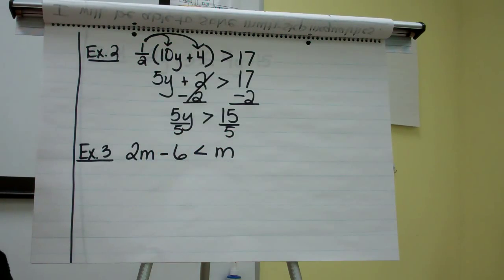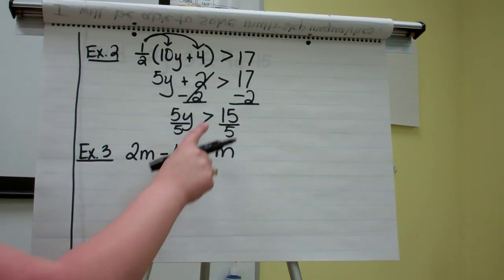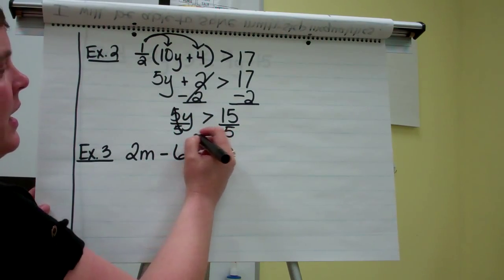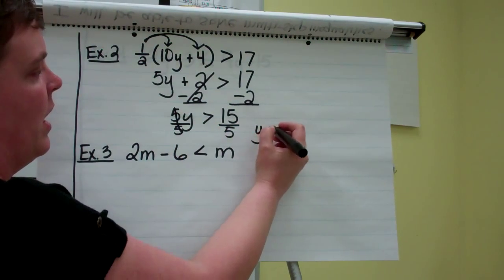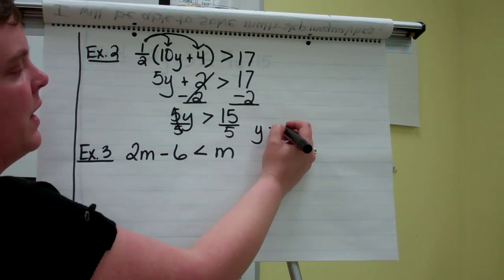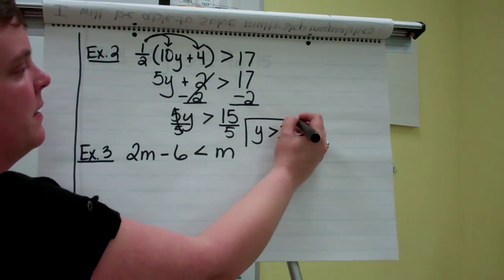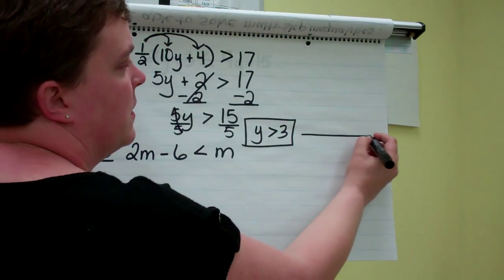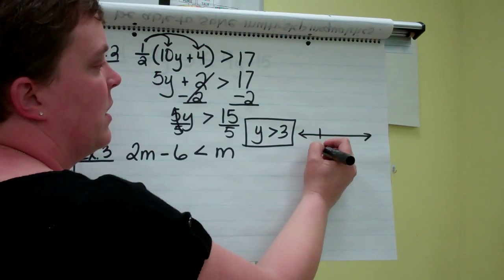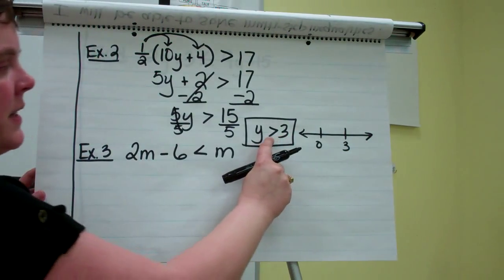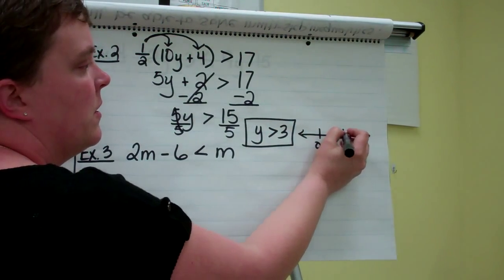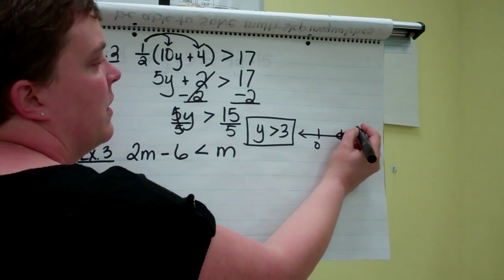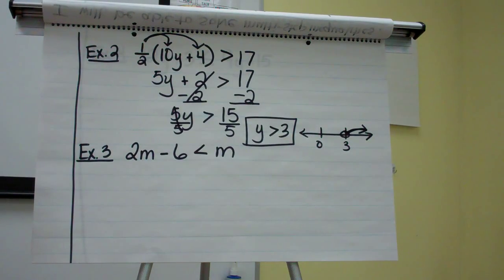And again, I am not dividing by a negative, so I do not need to flip my inequality sign. And I get y > 15 divided by 5, which is 3. And then on your number line, of course, here's 0, here's 3. This time it is an open circle, and I'm looking for greater than, so I shade to the right.